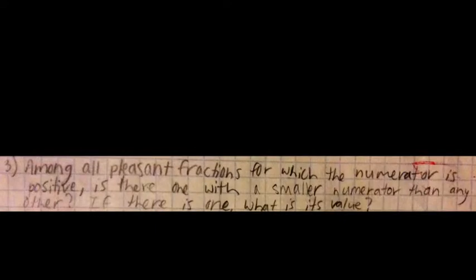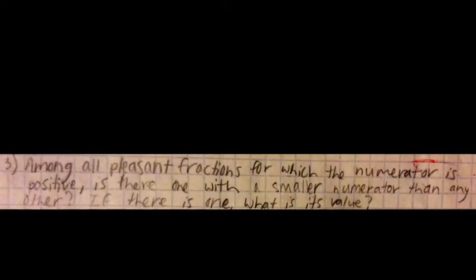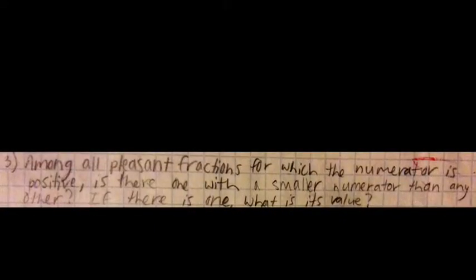Finally, among all pleasant fractions for which the numerator is positive, is there one with a smaller numerator than any other? If there is one, what is its value? Going back to trying to satisfy Rule 3, when (x + 1)(x - 3) divided by x(x + 3) is equal to 0, then x equals negative 1 or 3.